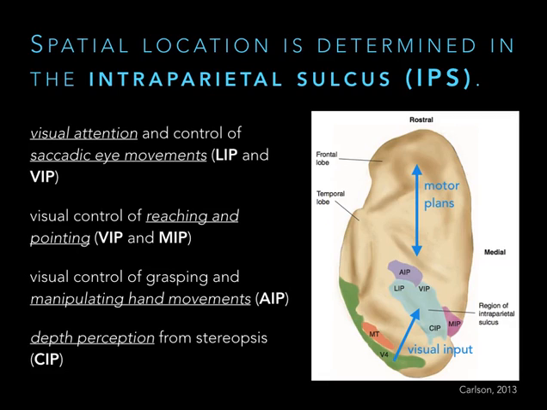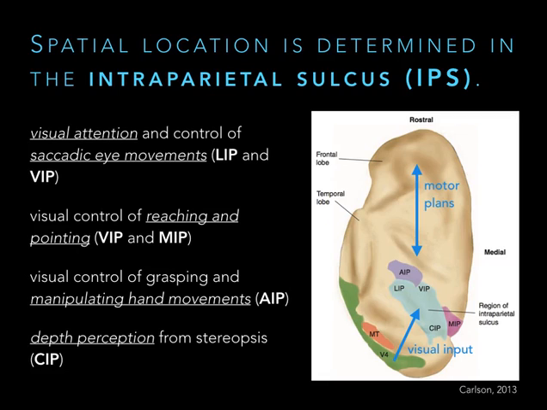Okay, so the lateral and ventral portions are going to control the movement of our eyes and where we're attending to based on where the objects lie in our visual field. So based on input from the extrastriate cortex, our intraparietal sulcus can help keep our motor plans in check so that we move our eyes appropriately.